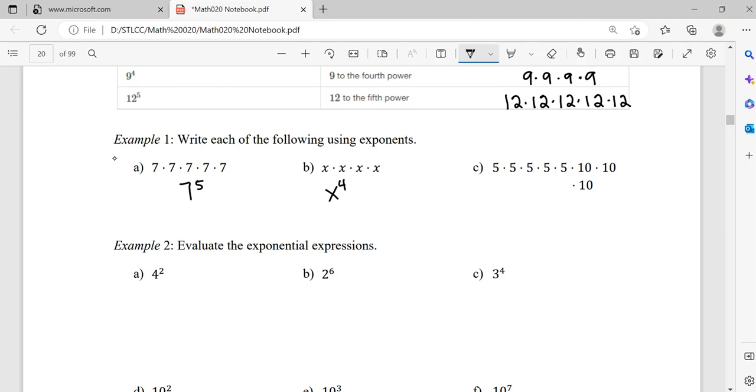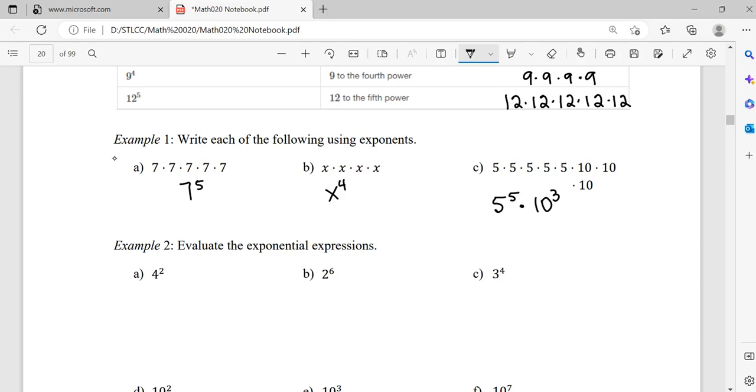Here we have 2 bases in part C. We have the 5, my first base, and I'm multiplying that 5 by itself 1, 2, 3, 4, 5 times. Then I'm going to use the multiplication symbol because all of this is still a multiplication problem. The next base is 10, and I'm multiplying that 10 by itself 3 times. So 10 to the power 3.